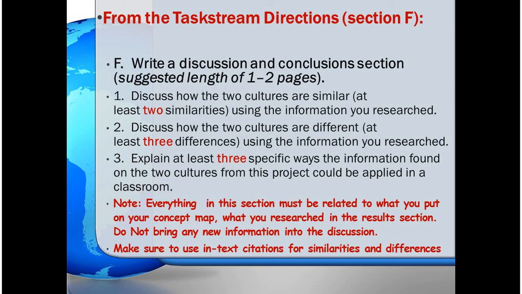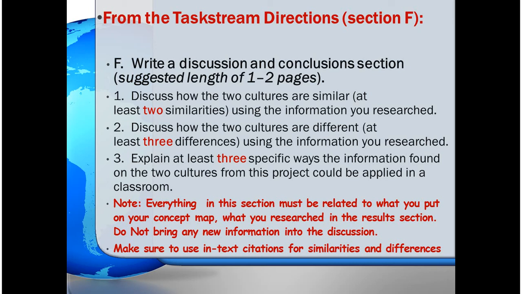It says down here, everything must be related to what you put in your concept map and what you researched in the results section. That's true. You don't want to bring any new information in at this point because you've not got any basis for bringing that new information.